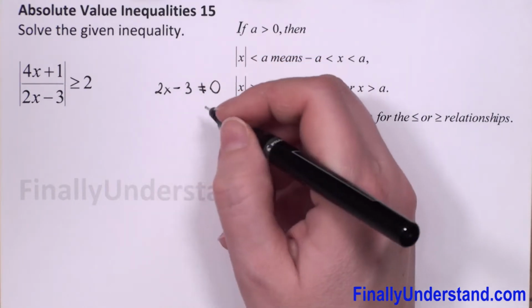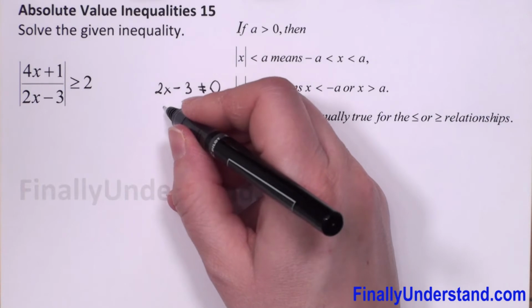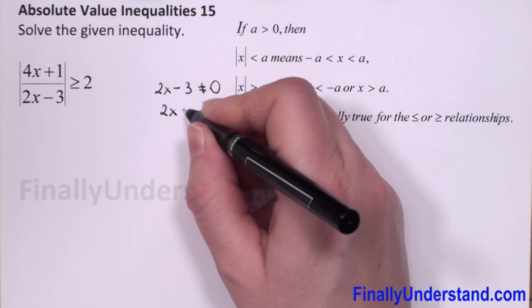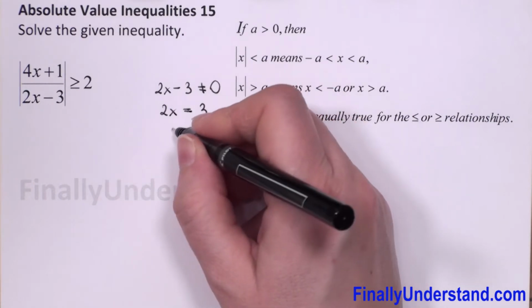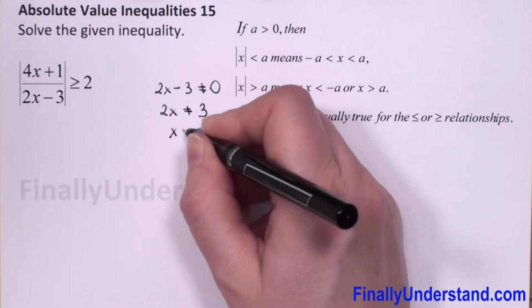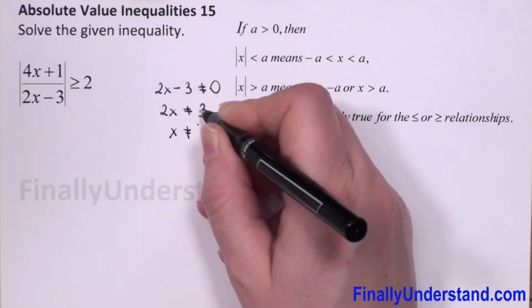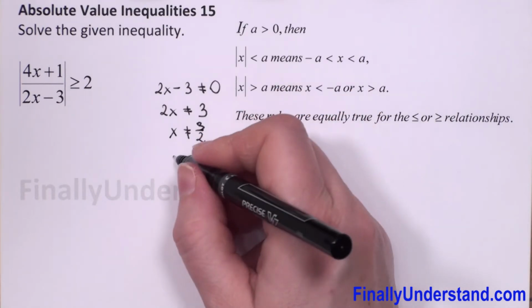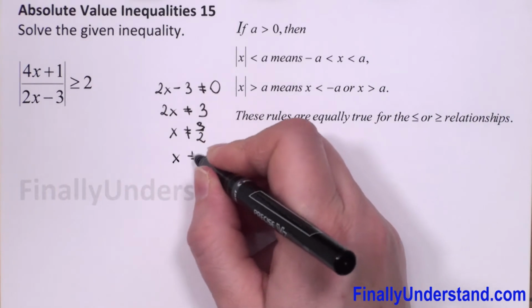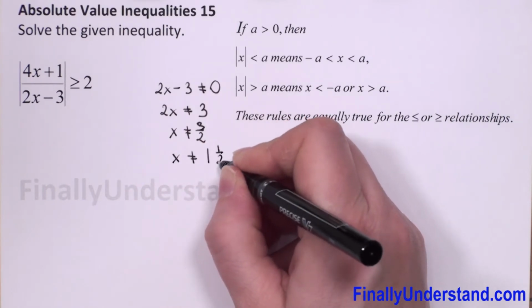So let's solve this. 2x cannot be equal 3, so x must be different than 3 over 2. I can rewrite this: x must be different than 1.5.